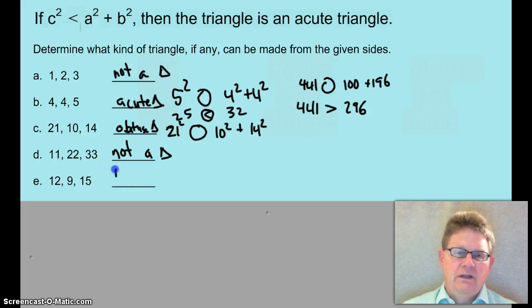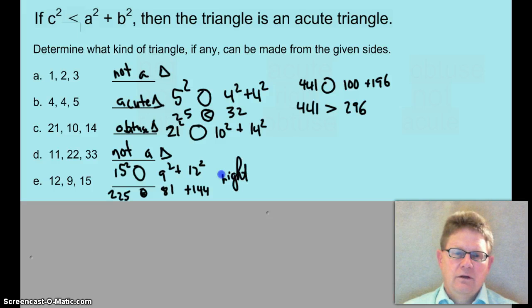So 15 squared compared with 9 squared plus 12 squared. 15 squared is 225 compared with 81 plus 144. Those are equal. That would make this a right triangle.